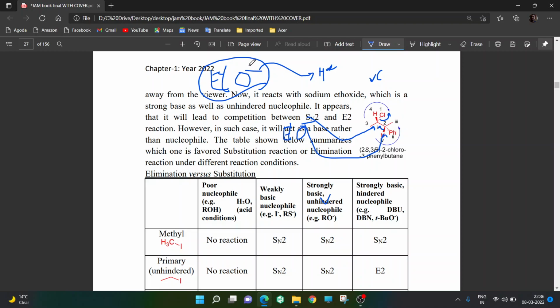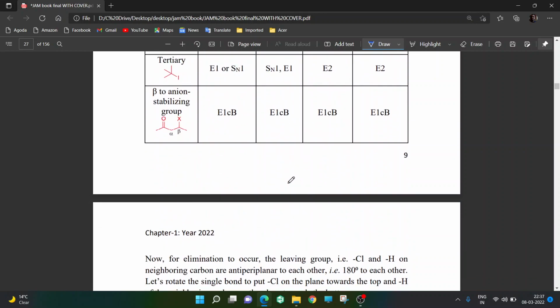So oxygen, since it is small, will rather attack hydrogen because hard attacks hard. If it was sulfur, then it would have gone SN2, but because it is OEt minus, it will undergo elimination reaction, and that's what happened.